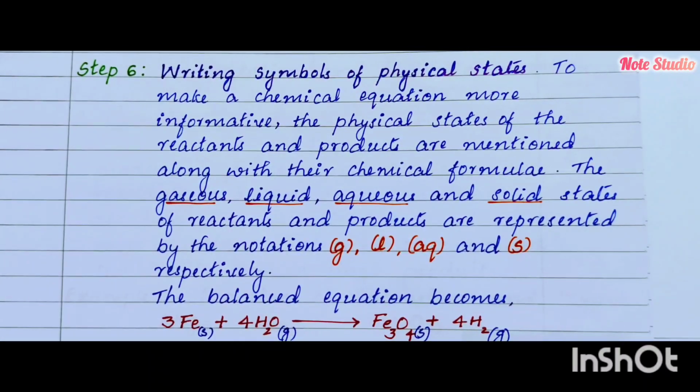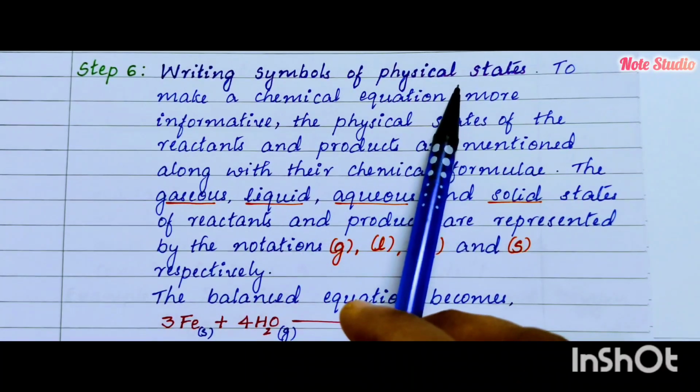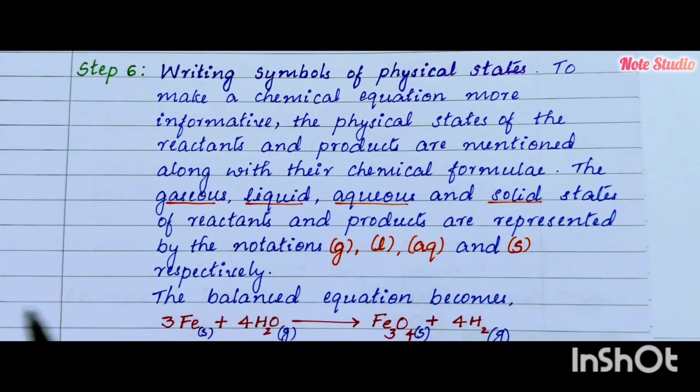Now step 6: after balancing the equation, we can make the chemical equation more informative using the physical state. That is mentioned here, writing symbols of physical state. We can use some symbols to mention the physical state of the compounds. For the gaseous state, we'll use the symbol g, written in small letter inside the bracket.